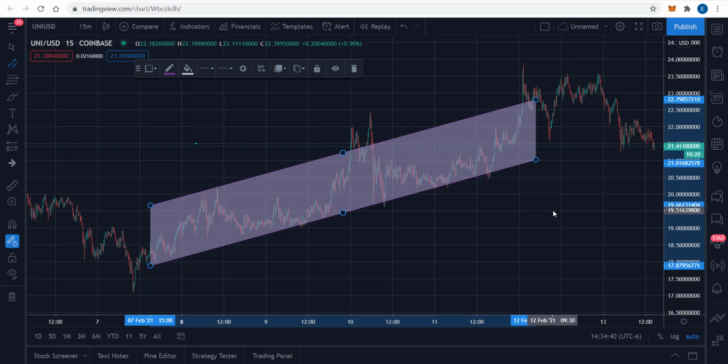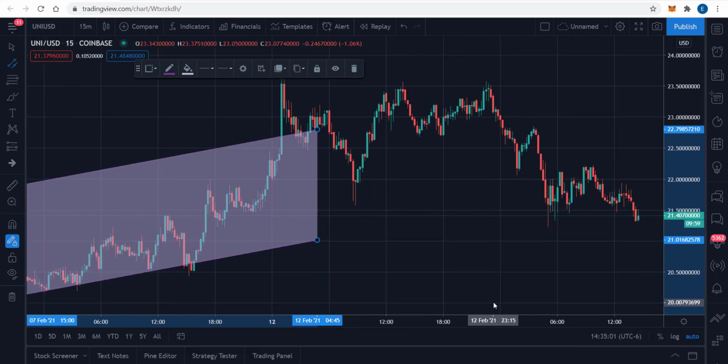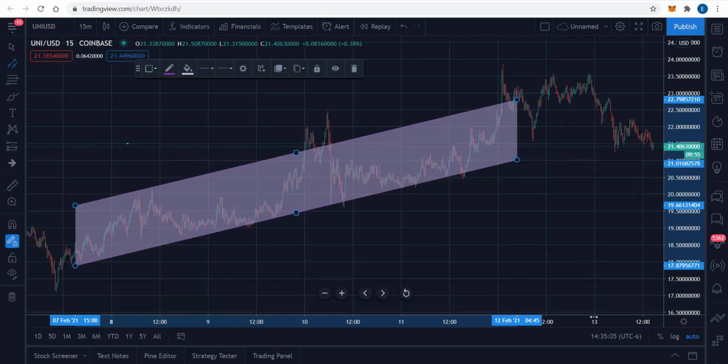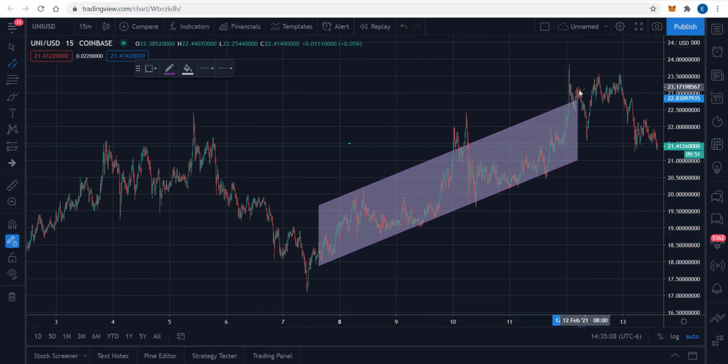So that would be one channel for sure, connecting these low points, a couple of the high points, but it stayed pretty much within that channel until recently, not too long ago. I mean, just a couple days ago. And now we're definitely retracing that move a bit. We'll see what happens. In fact, I could also do this.